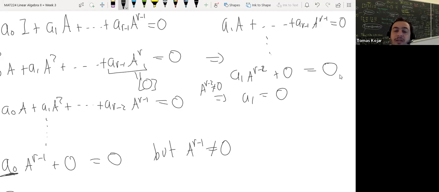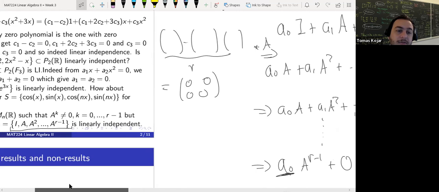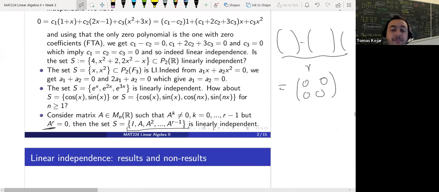You keep doing this for the kth coefficient, and indeed you will get a_0, a_1, a_2, up to a_{r-1}, they're all 0 coefficients. If you have a question, let me know. So we got linear independence for this set of powers.